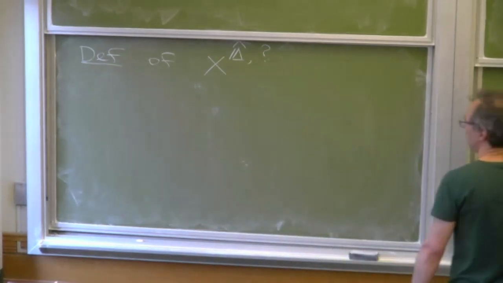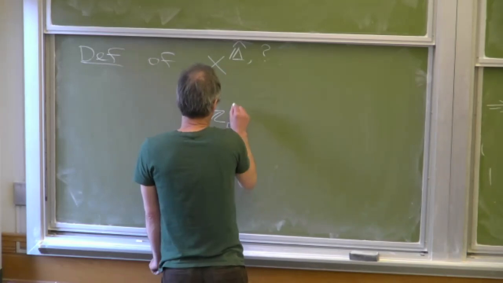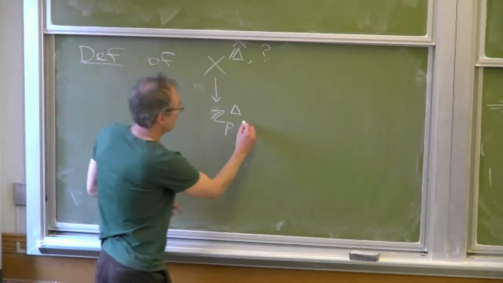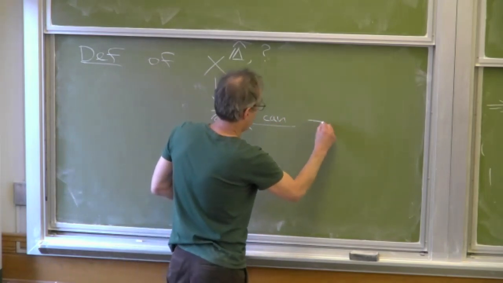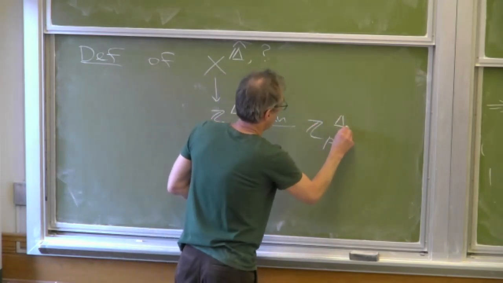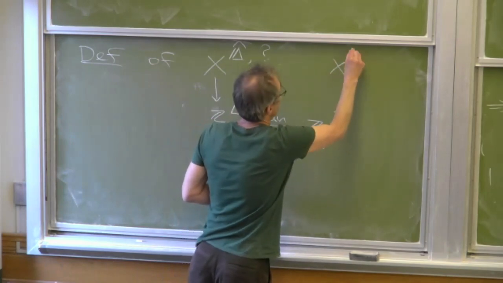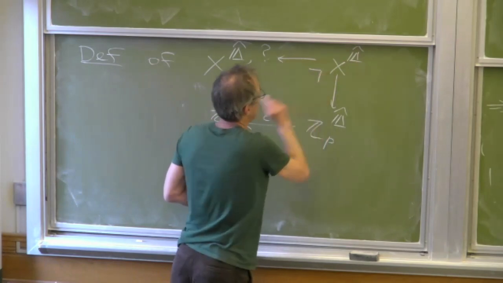So this object lives over CP prism, and it's pulled back along this canonical map. What we want to do is X, something that we already have. That's what I want to construct.